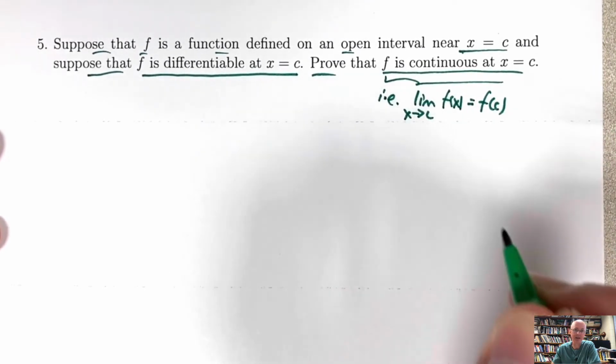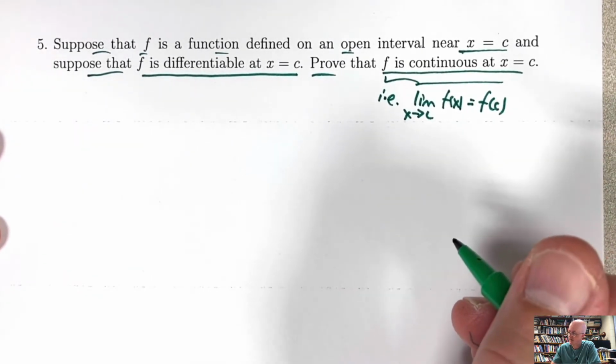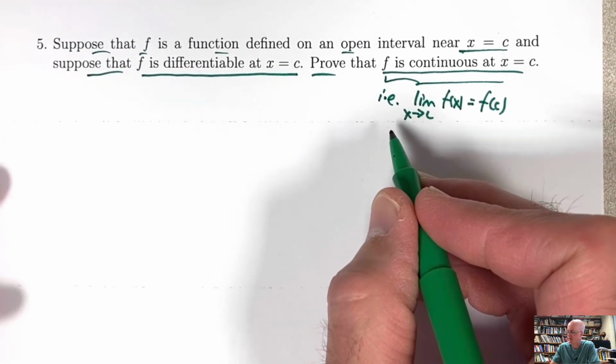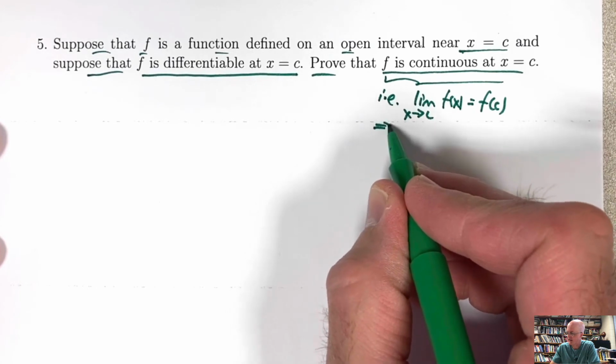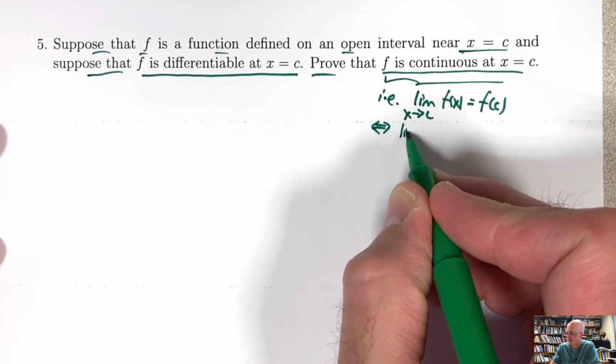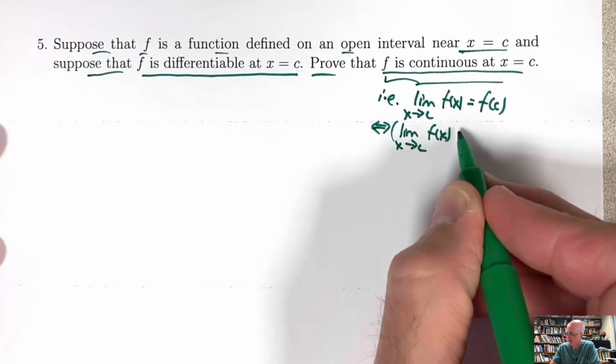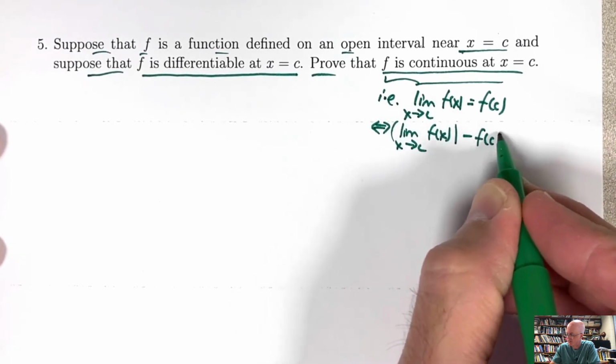We've talked about that in this video, and we've talked about it in other videos. The key to doing this problem, a partial key, is to realize that this would be equivalent to saying that the limit as x approaches c of f of x, that limit minus the function value, would be 0.